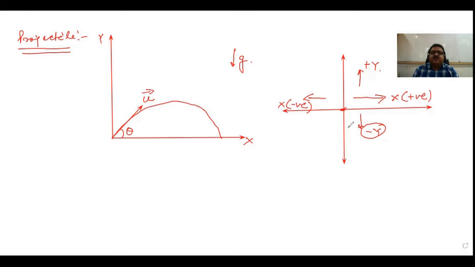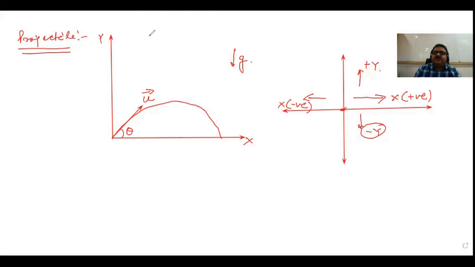Clear? Now, look, this particle is moving up. Why is this moving up? If you look at this equation, this particle is moving up as well as going along the horizontal direction. So why is this kind of motion taking place?